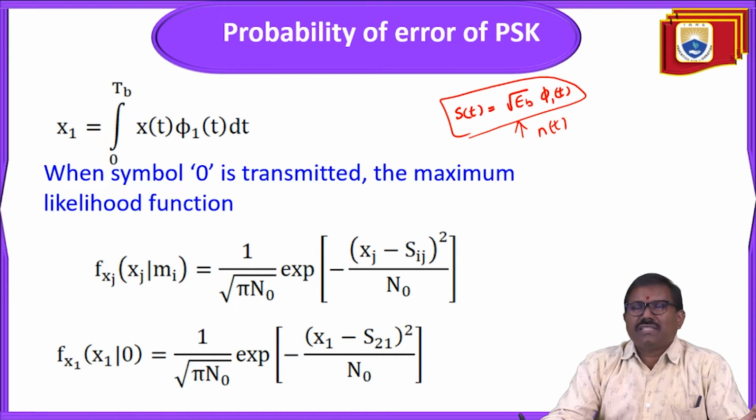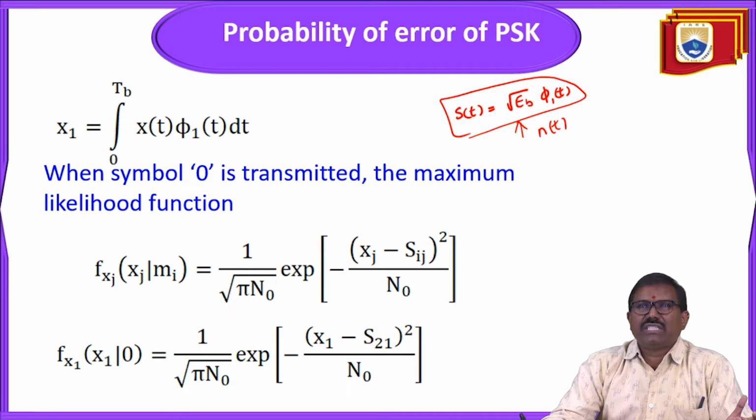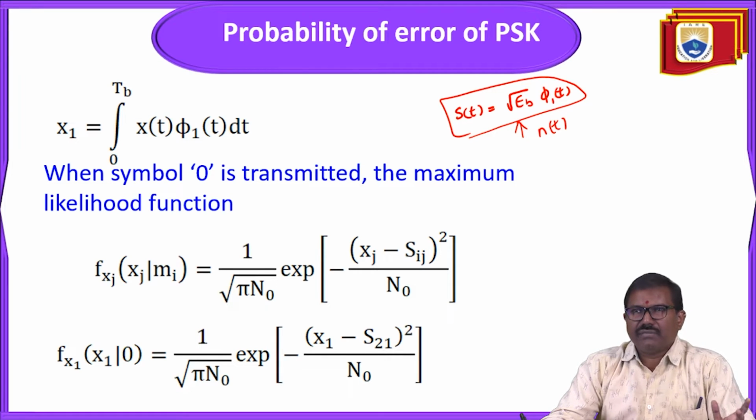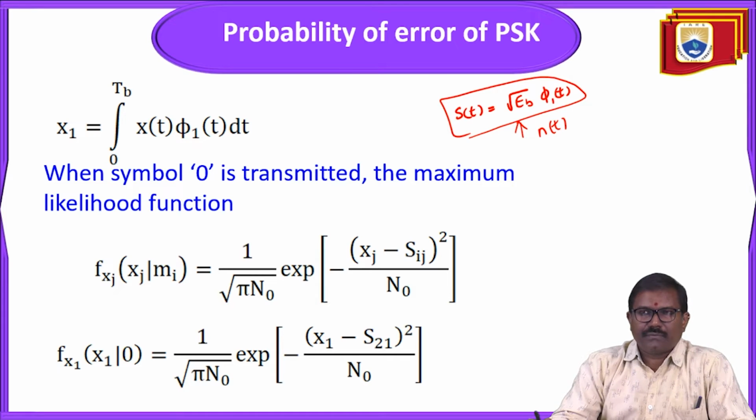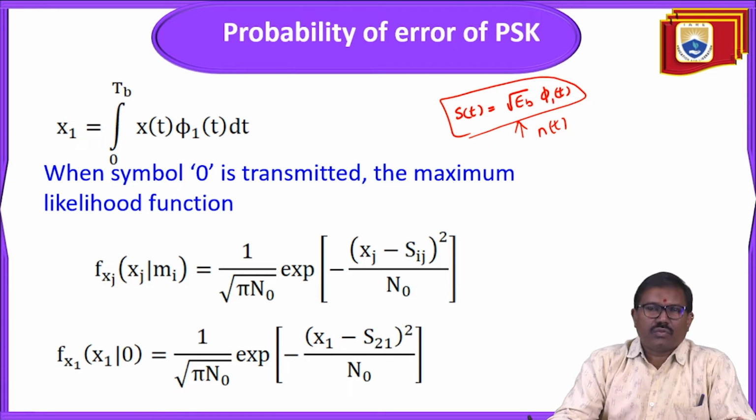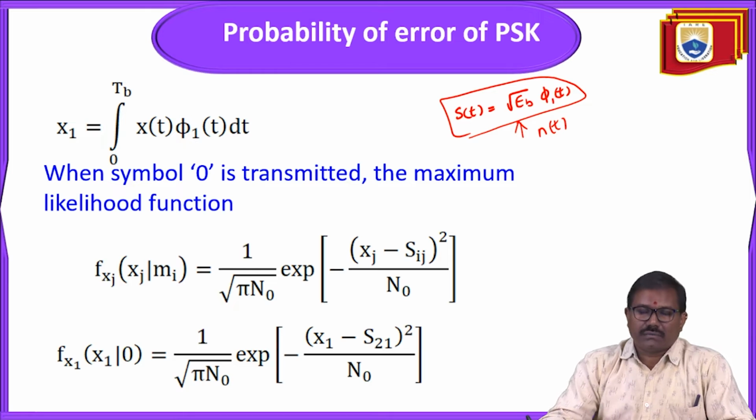The noisy signal is received by the receiver, but in this assumption n(t) we are not considering. x(t) is the received signal, and x1 is the observation vector.